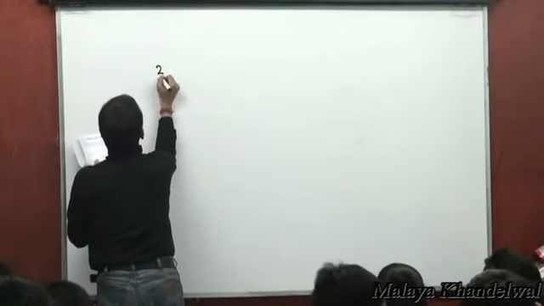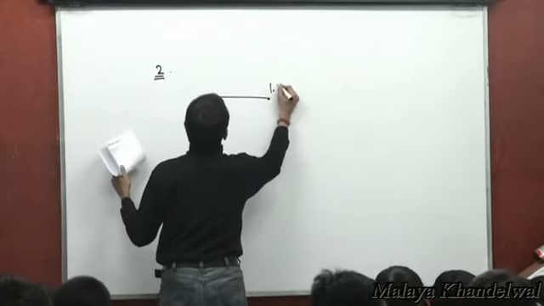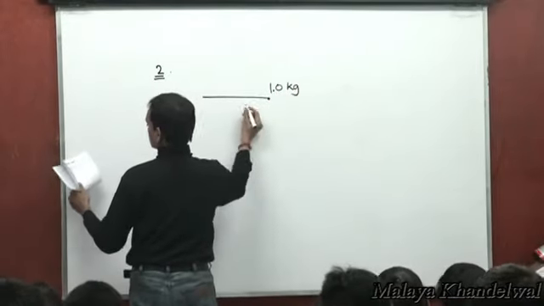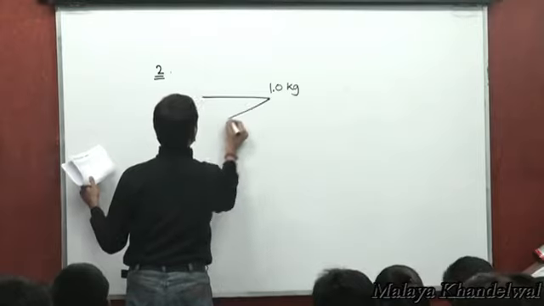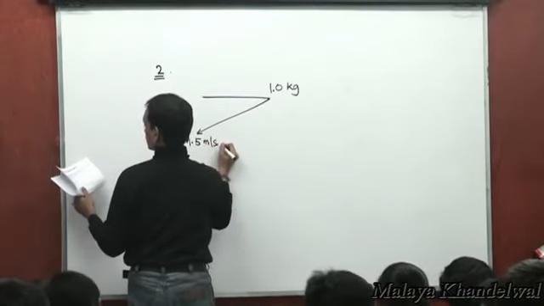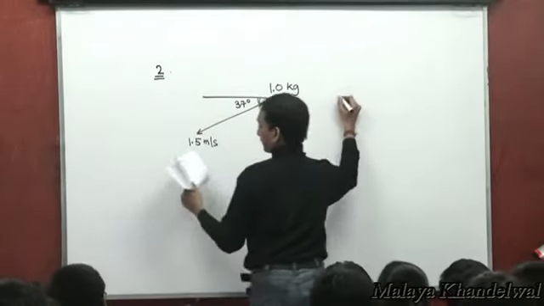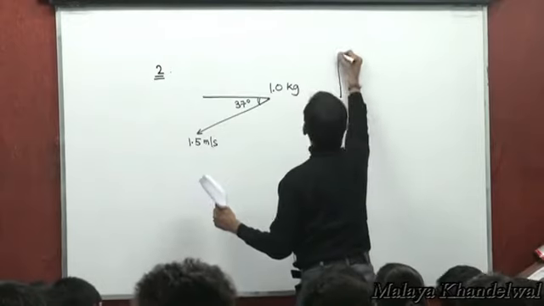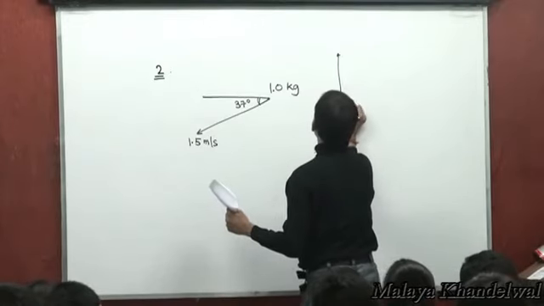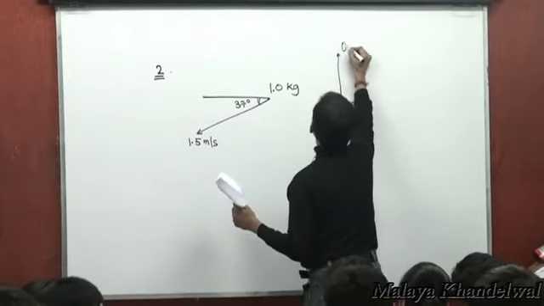So we have for problem 2, a 1 kg block, 1.5 meters per second. This is 37 degrees. 1.2 kg block, 0.4 meters per second.